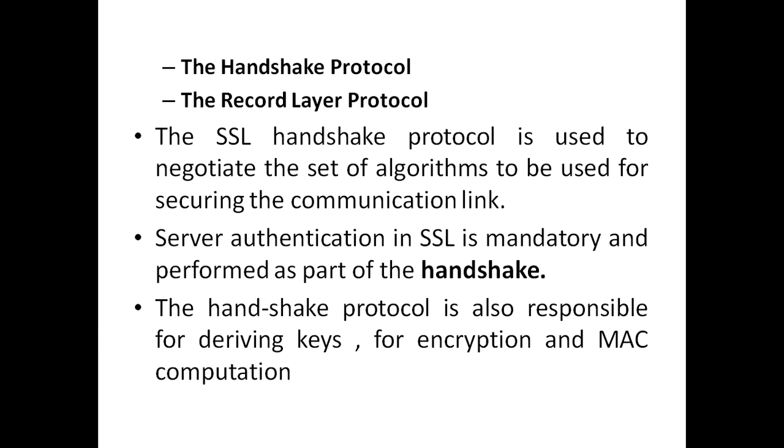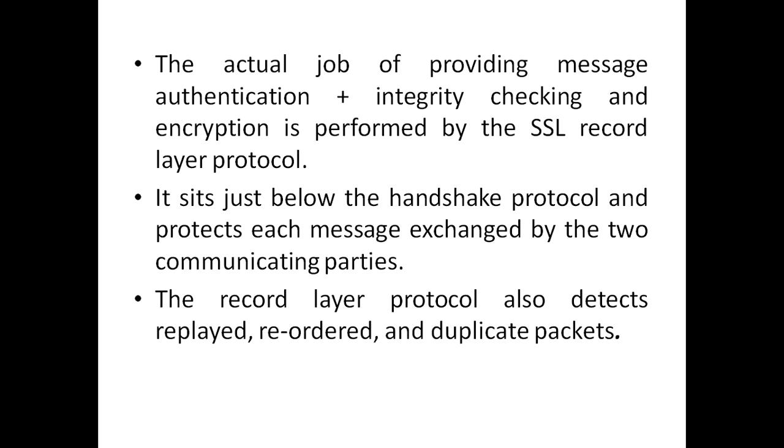The handshake protocol is also responsible for deriving keys for encryption and MAC computation. So in brief, in the handshake protocol, we choose the set of algorithms to be used for a secure communication, then we authenticate the server, and then derive keys for encryption and MAC computation.